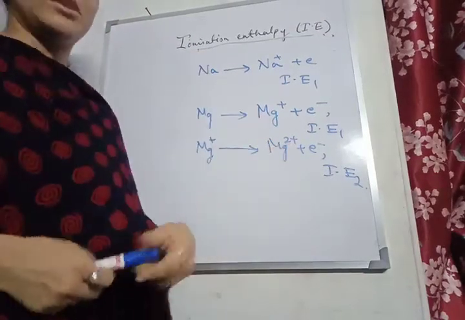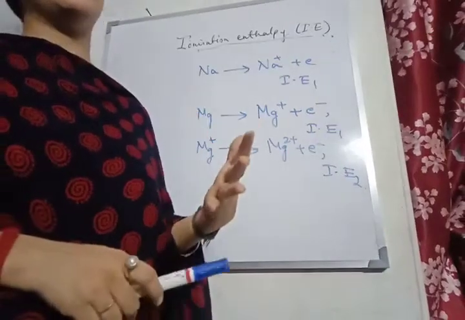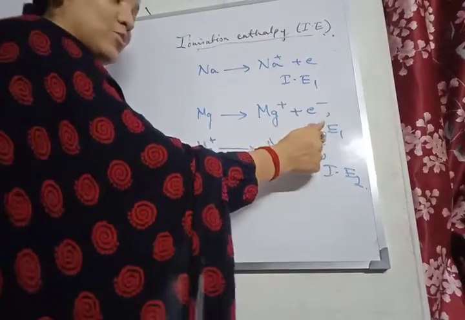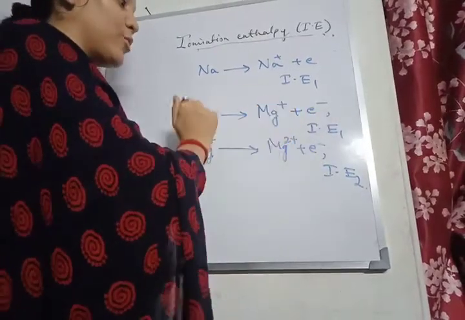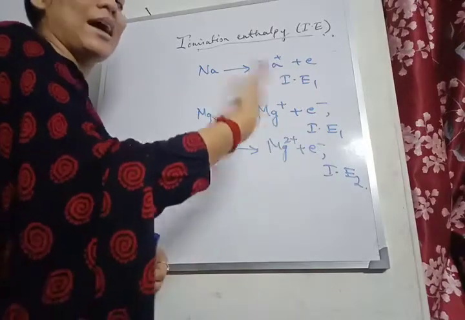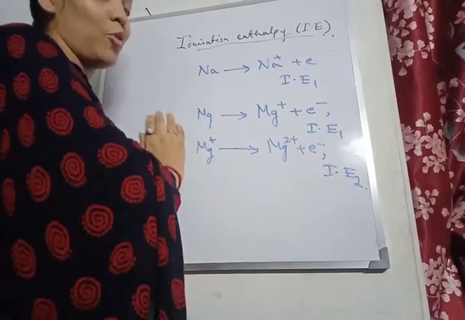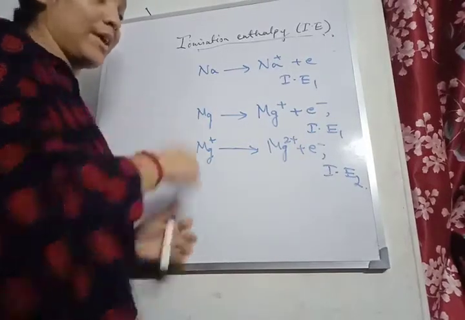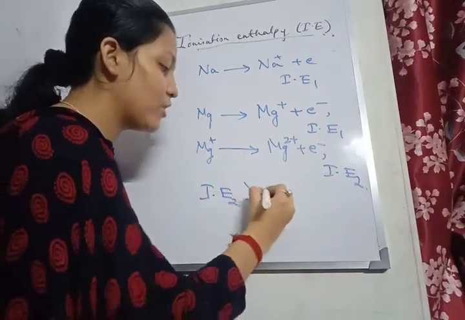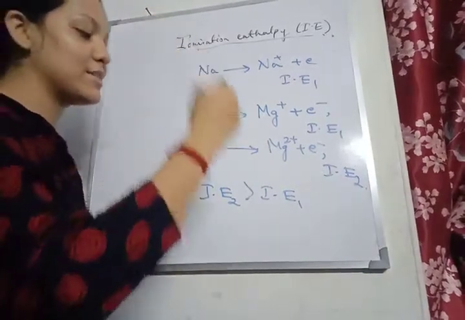And always remember, the second and third ionization energy values are much more than the first ionization potential. Why? Because the first involves removal of an electron from an atom, and the second, third or higher values involve removal of an electron from a positive ion where attraction is more. So IE2 will always be greater than IE1, due to increasing effective nuclear charge.